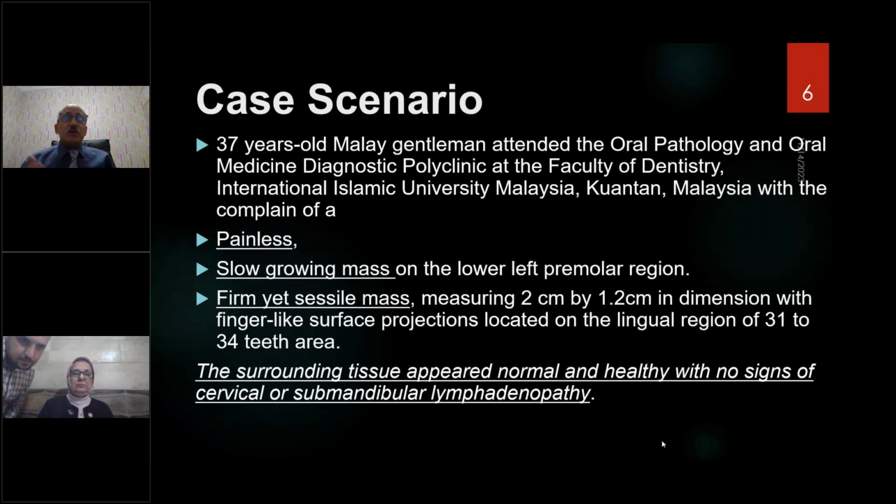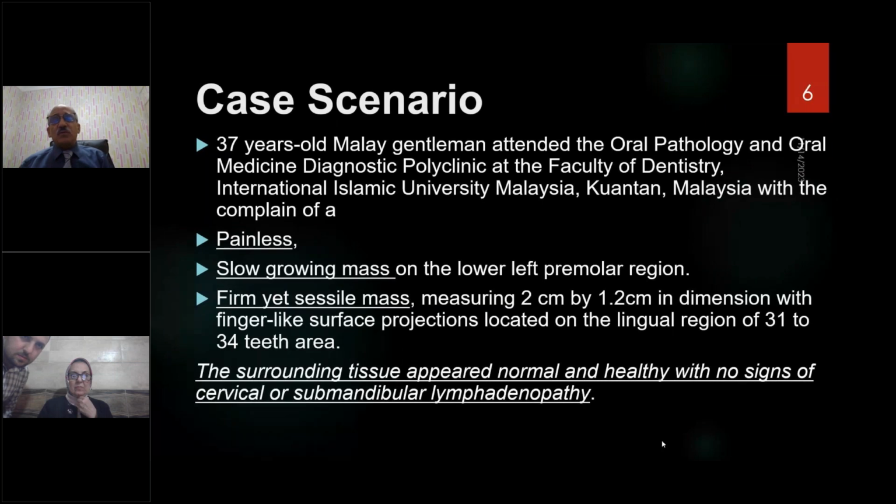The patient observed it a long time ago, but it started to affect him during eating and brushing. That's why he sought a treatment plan.